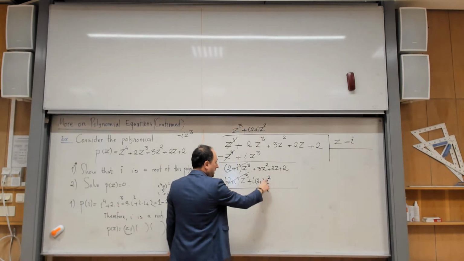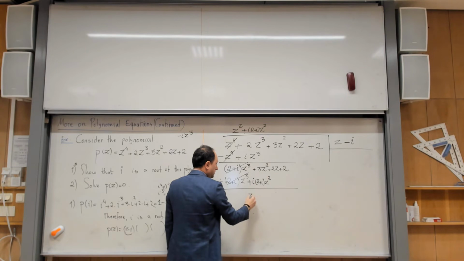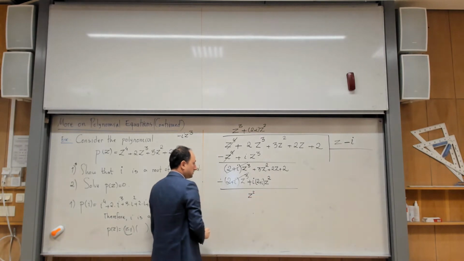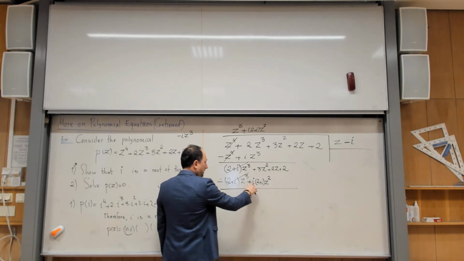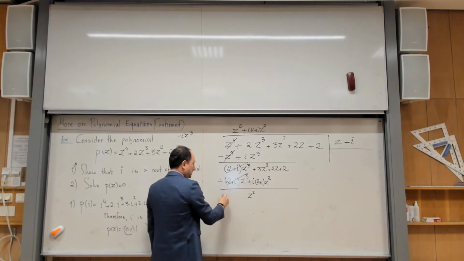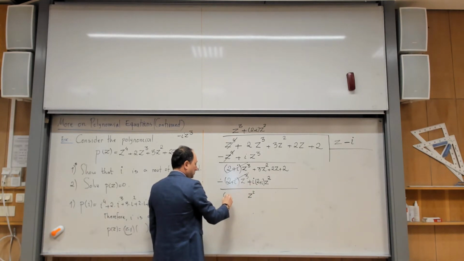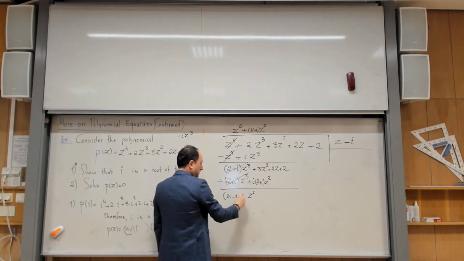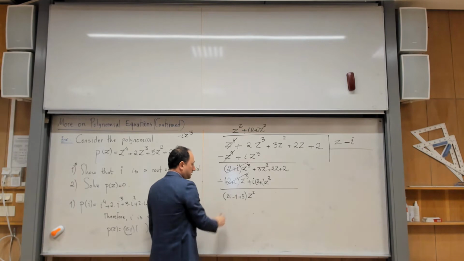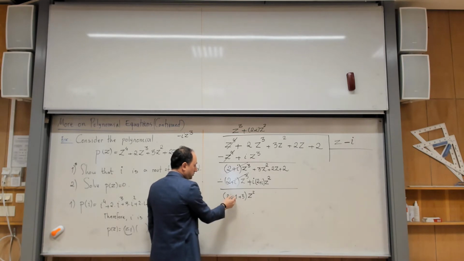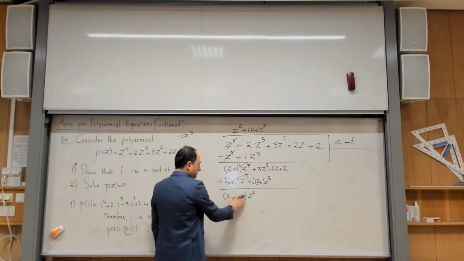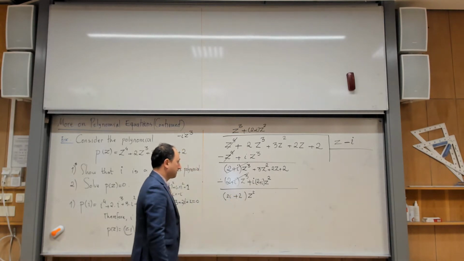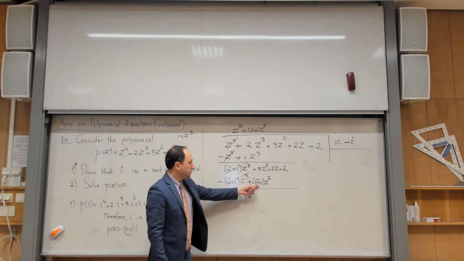But this one and this one, I factor a z squared out. And then I times 2 plus i, which becomes 2i plus i squared, which is minus 1, and then plus 3. And instead of minus 1 plus 3, let me just write plus 2. So what I did, I just added this one to that one.